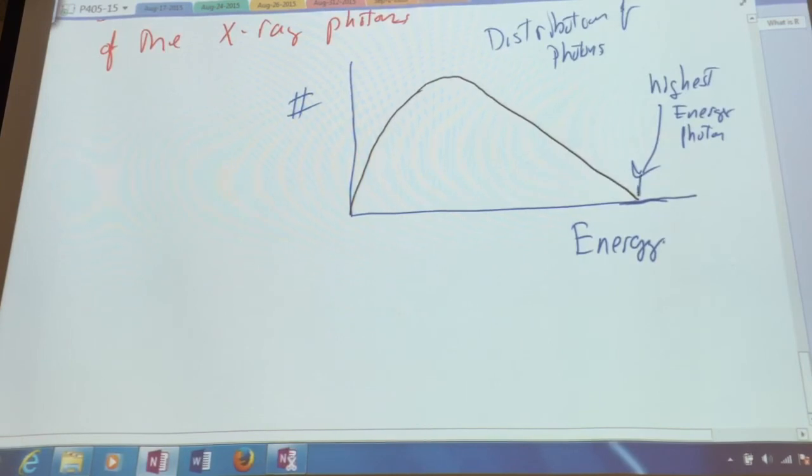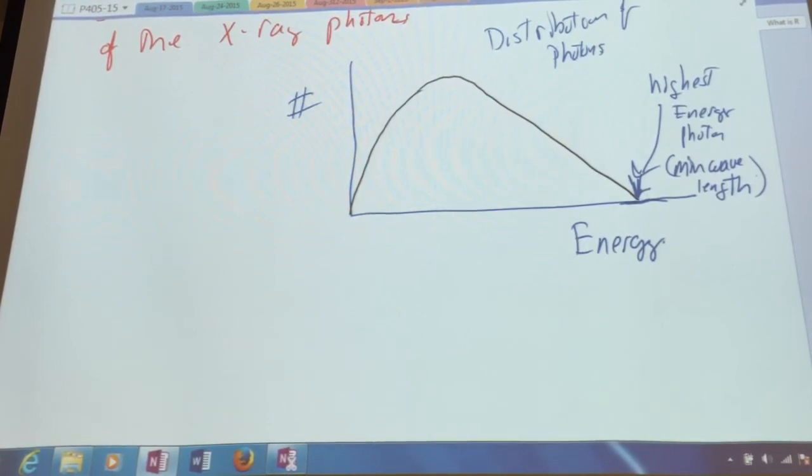This is an important point, the highest energy photon produced, also known as minimum wavelength. Why is that an interesting point? How is it related to anything else we've been talking about? Because the wavelength affects the energy of the photon.